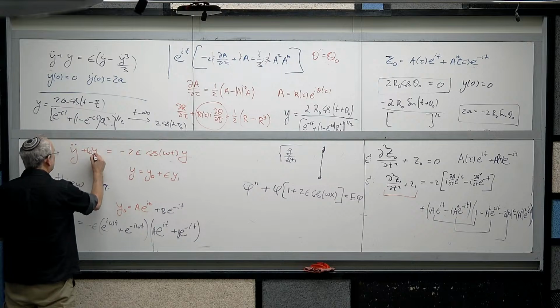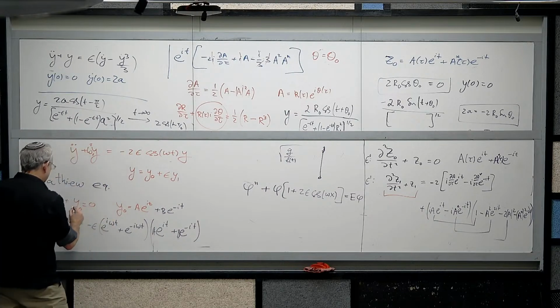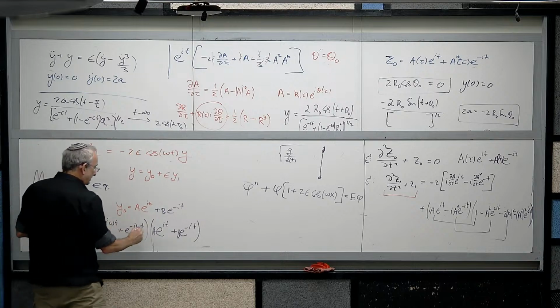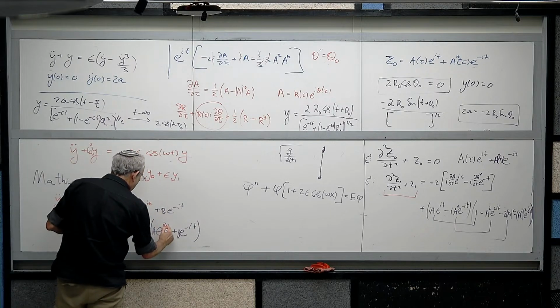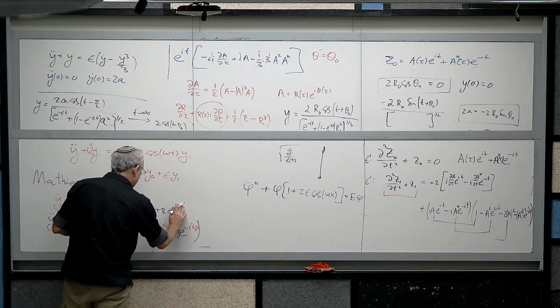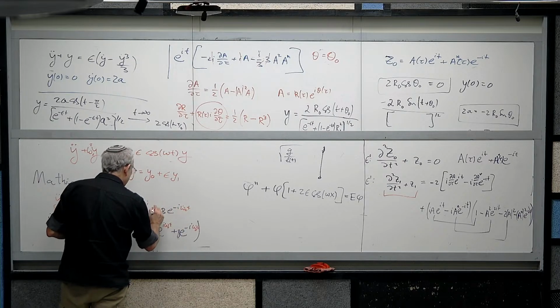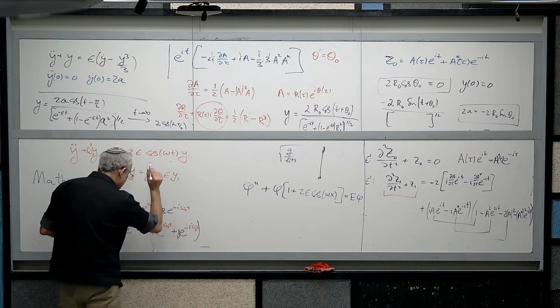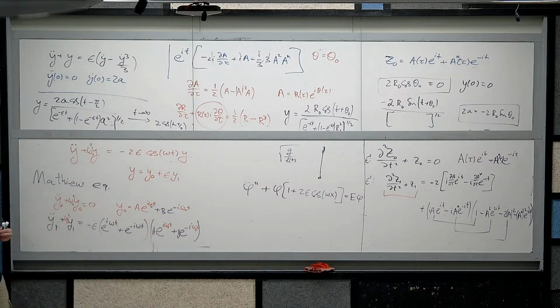Let's write omega naught squared here, and omega naught squared here, and here e to the i omega naught t, and here e to the minus i omega naught t. Just I took omega naught is 1, but this is for the general case.